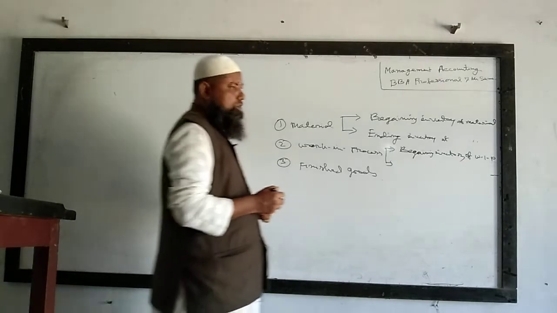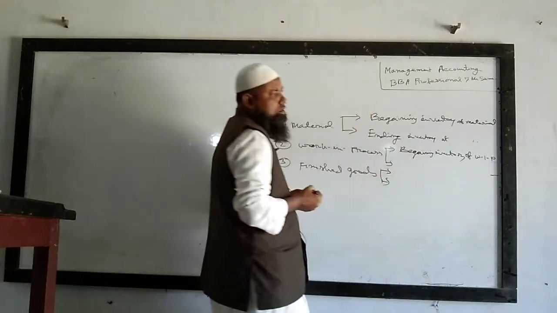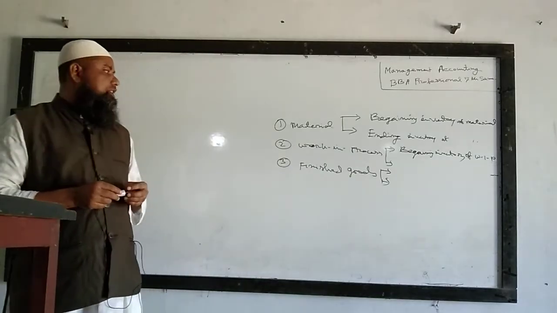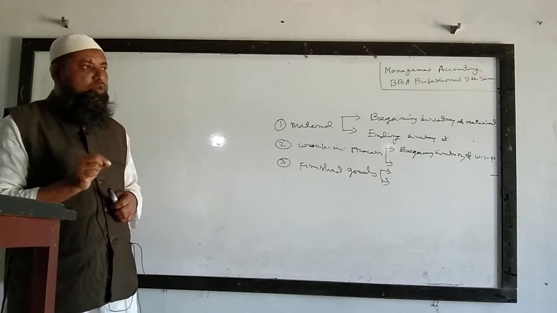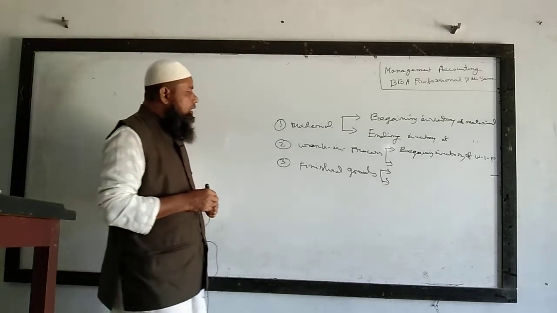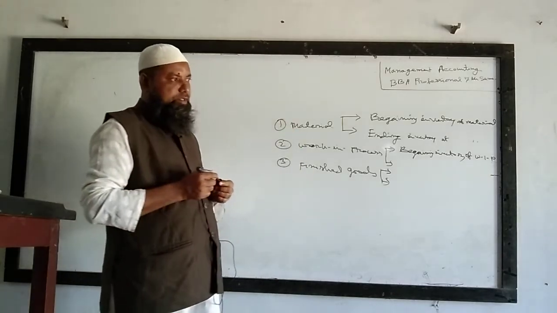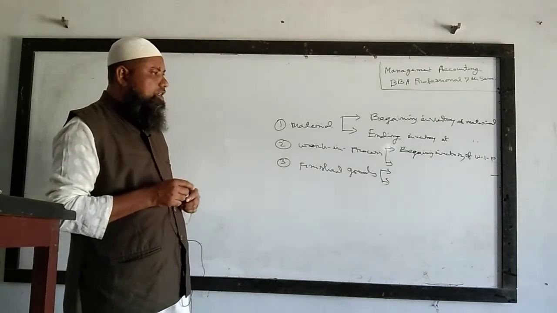Number three, finished goods. Finished goods are the goods which are finished and ready to sell. Finished but unsold goods are called finished goods inventory.